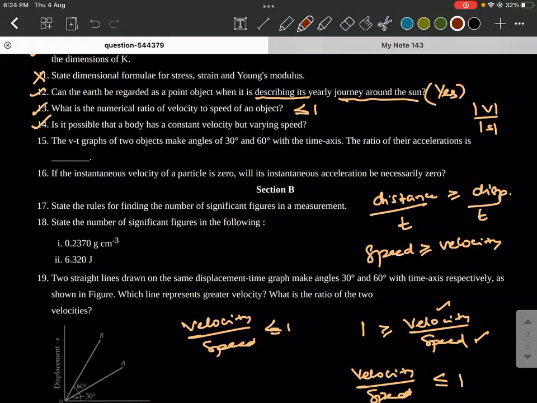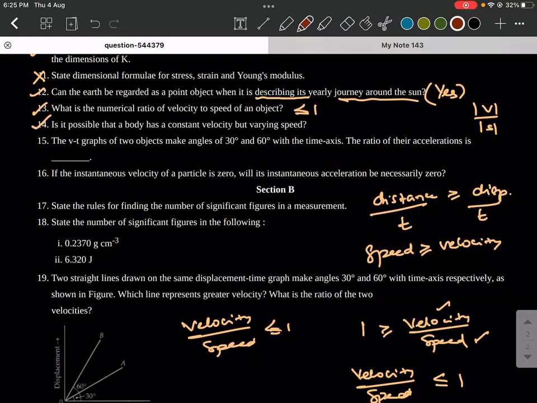Shall we proceed? Read the next one. 14th one. Is it possible that the body has constant velocity but varying speed? Think about it. Velocity and speed sound similar, but they're different. What is velocity?